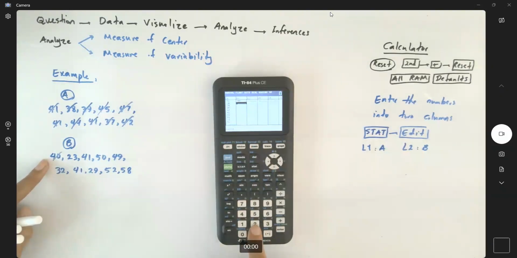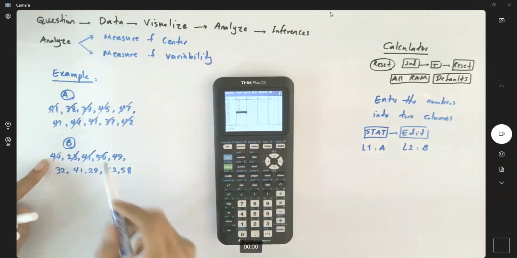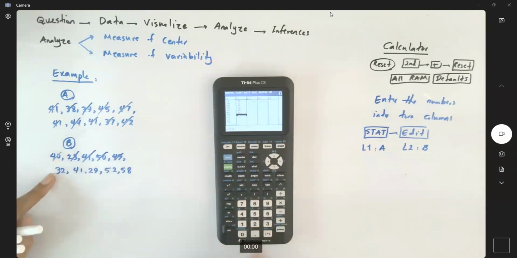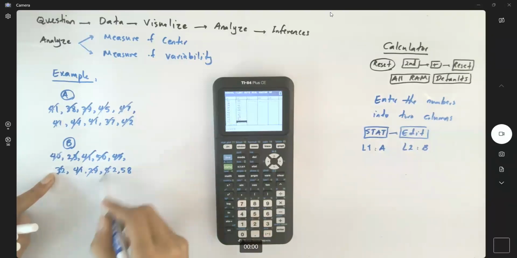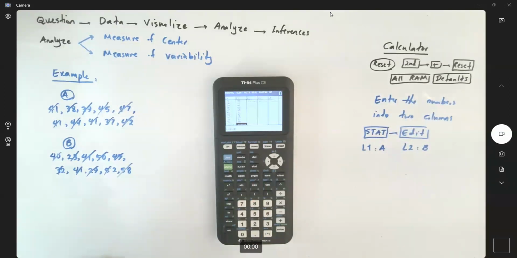I have 23, 41, 50, 49, 32, 41, 29, 52, and 58. There we go. So we entered all of this information into our calculator.